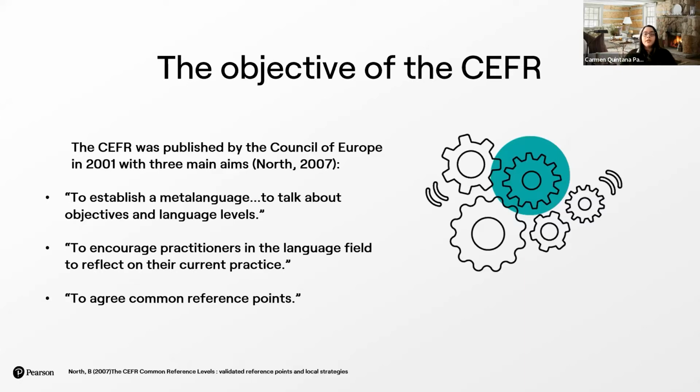And then, of course, to agree on common reference points. We still know that there are a number of scales for proficiency distributed across assessments or educational systems, but the CEFR has achieved that common reference ground.